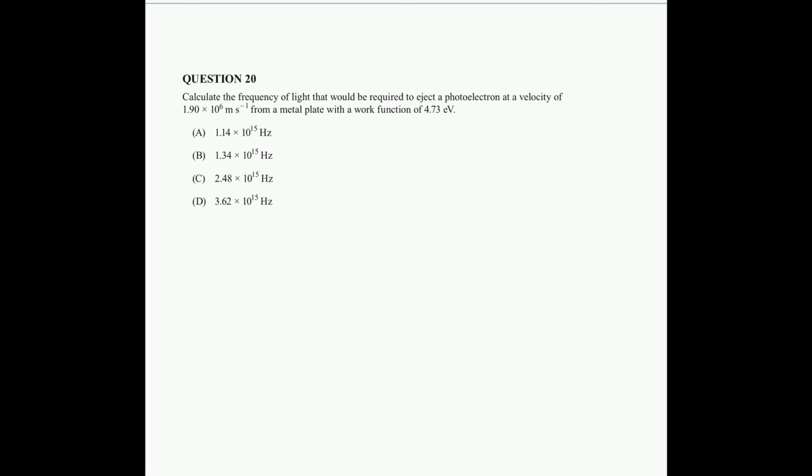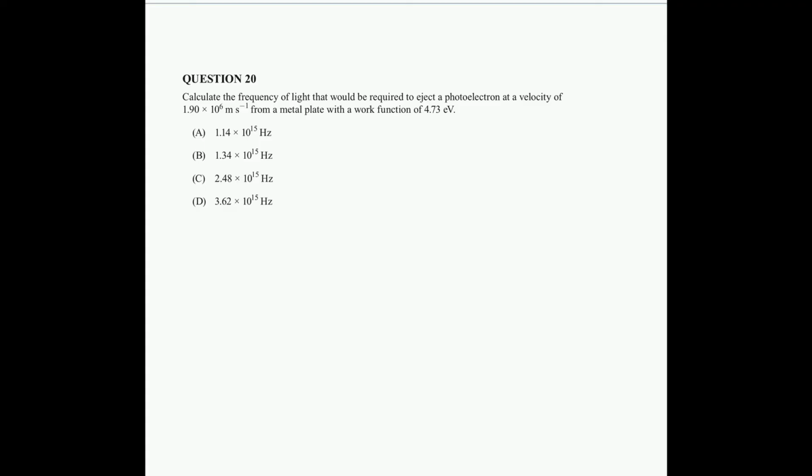Okay, so for our final question, what we've been asked to do is calculate the frequency of light that would be required to eject a photoelectron at a velocity of 1.9 times 10 to the 6 meters per second from a metal plate with a work function of 4.73 electron volts.